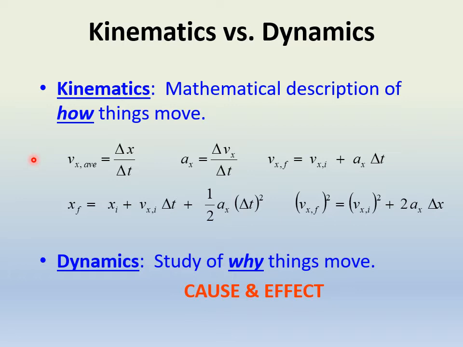You learned about velocity and displacement and acceleration and learned how to do various problems involving projectiles and objects moving and so forth. However, none of those problems dealt with the causes for the motion. What made something accelerate? Why did a projectile move the way it did through the air?